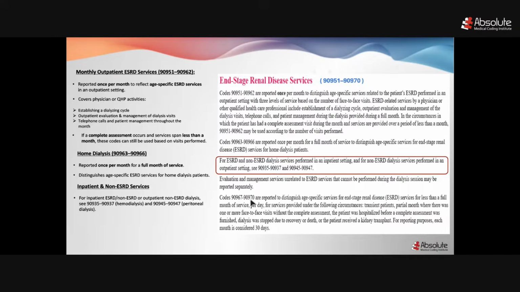The codes 90935 through 90937 are for hemodialysis, and the codes 90945 through 90947 are for peritoneal dialysis. We will discuss hemodialysis and peritoneal dialysis in the coming slides. So let's now move on to the next set of codes, that is for partial month or special circumstances.